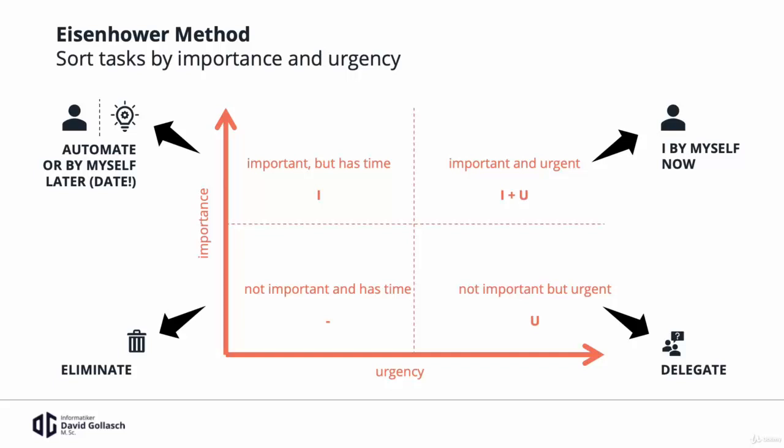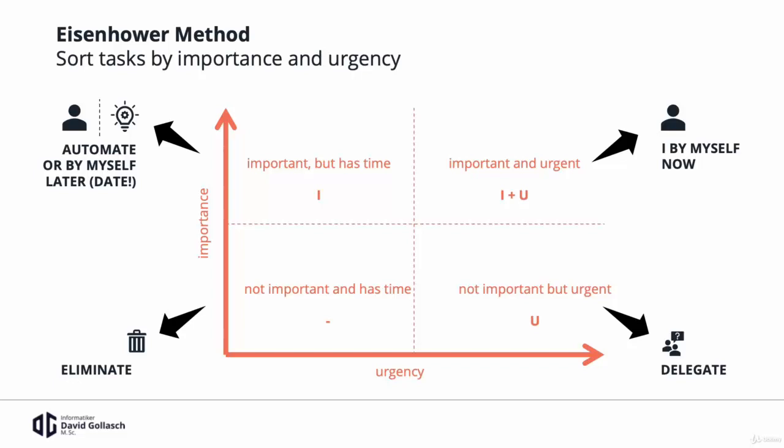More importantly, we have to take a look at the upper parts. So the upper right part and the upper left part. These two sections of this matrix are the categories of those tasks that you will do yourself because they are important, right?